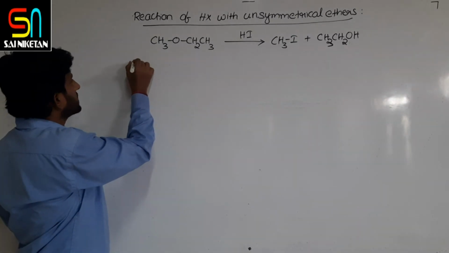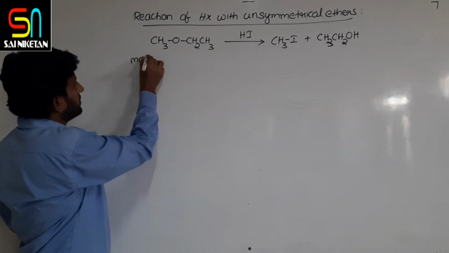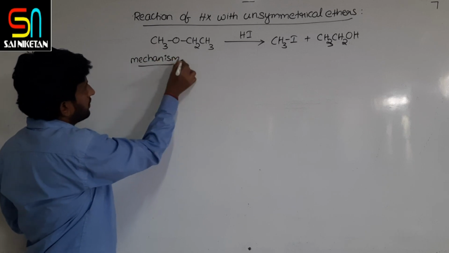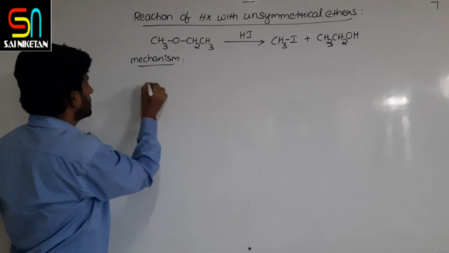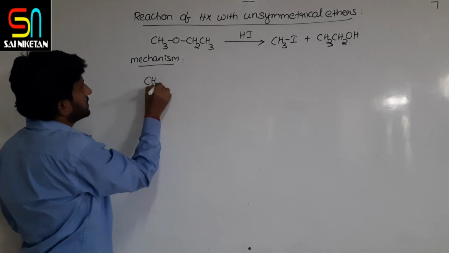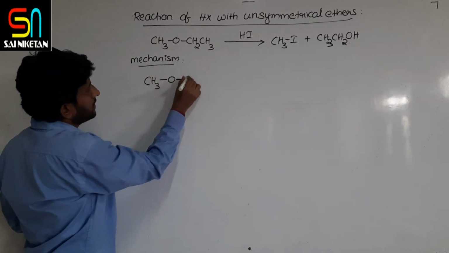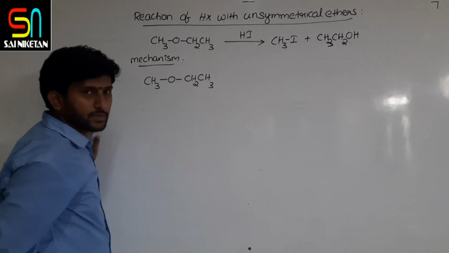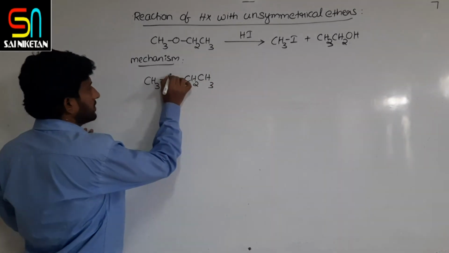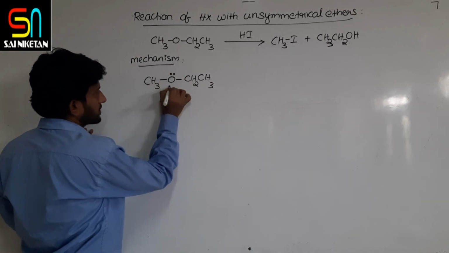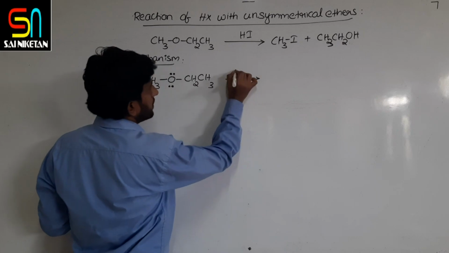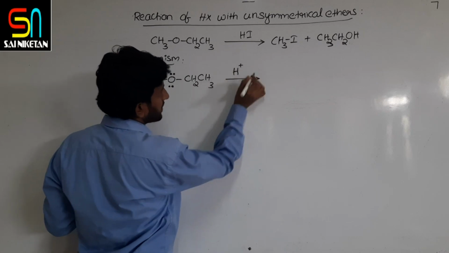In the mechanism, let us understand that first H plus attacks. Now this is CH3OCH2CH3, methoxyethane. So there is a pair of electrons.